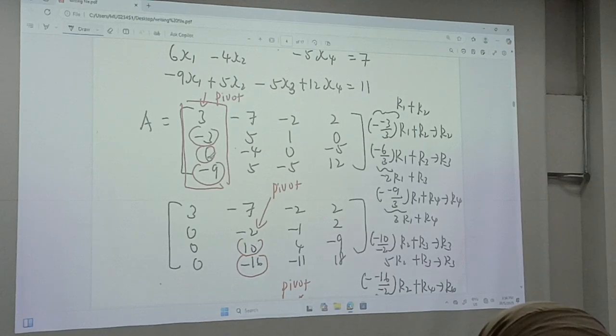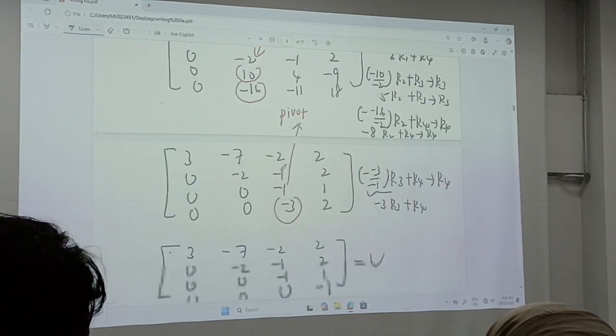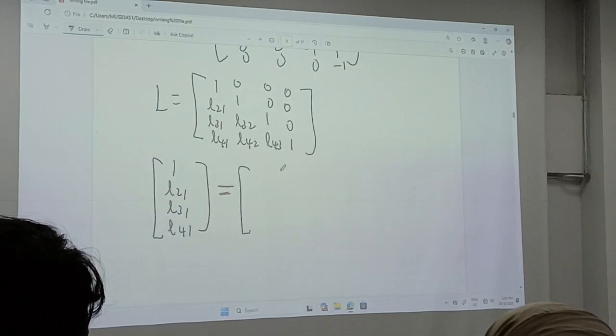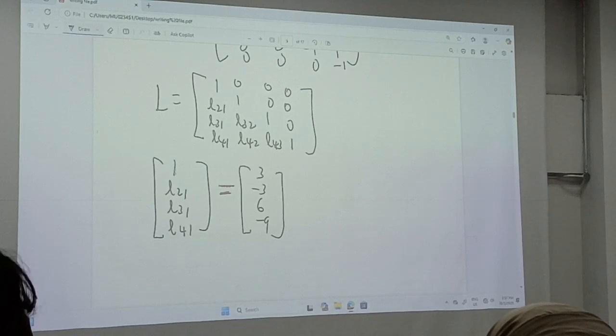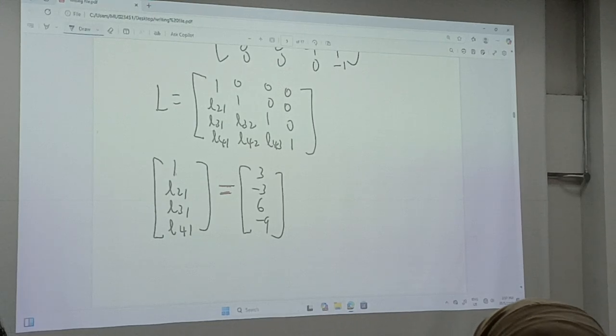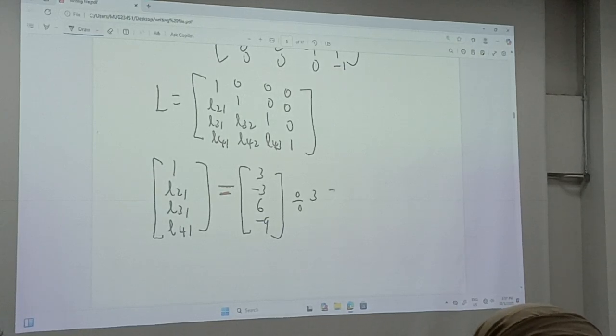3, -3, 6, -9. Okay. If you look at this, the element must be 1, right? How to turn 3 to 1? Divide by 3. So as a result, here will be 1.